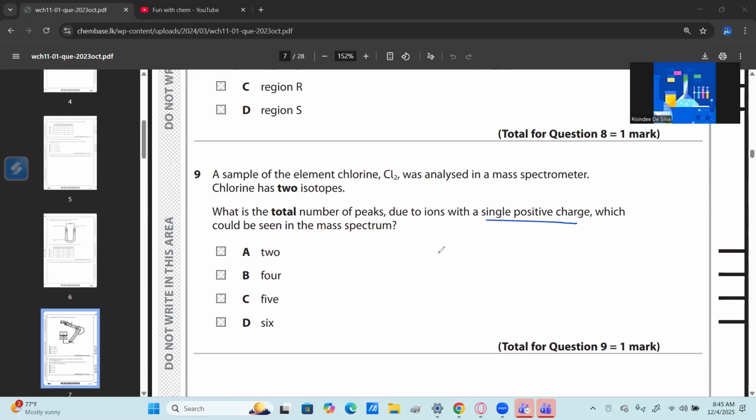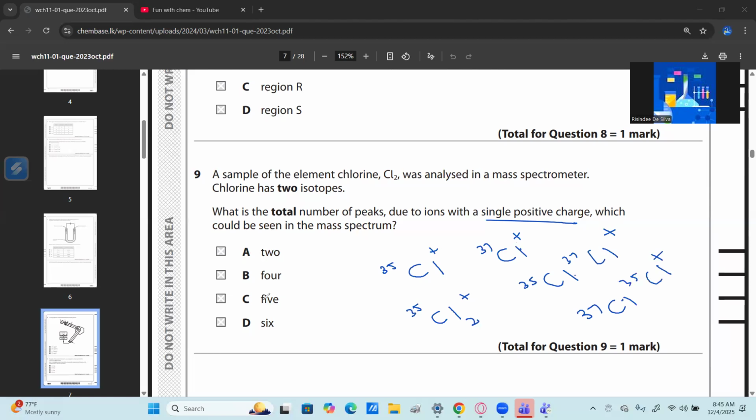So you can have 35Cl+ and 37Cl+. Then you can have 35Cl2+, then 35Cl 37Cl+, and 37Cl 35Cl+. So altogether 1, 2, 3, 4, 5.